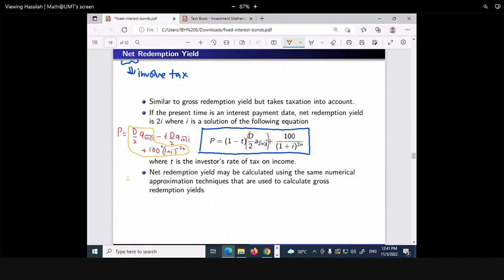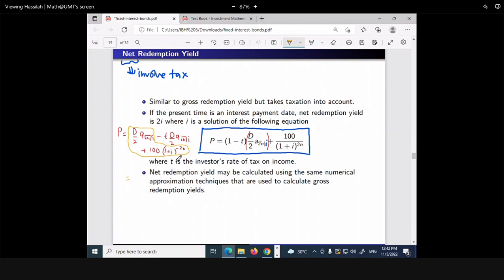Why? Try to read the whole slide. Why do we deduct tax on D per 2? Why don't we deduct tax on this 100? Because every payment date the tax will be calculated, so we have to multiply by the total period given to us.